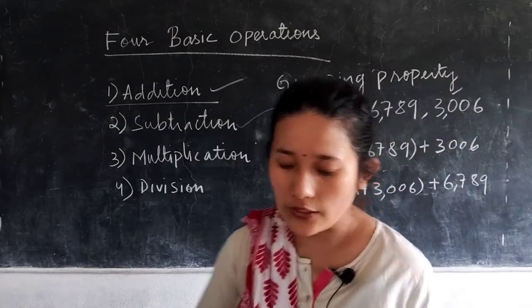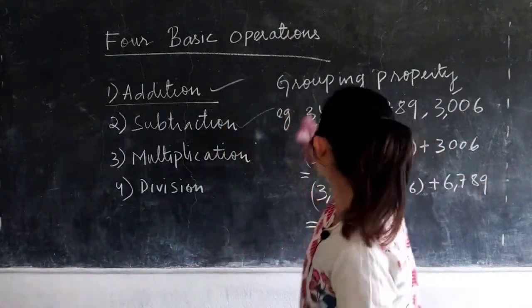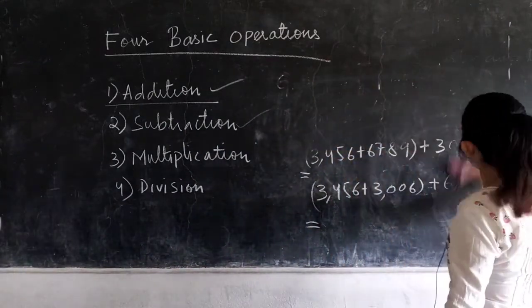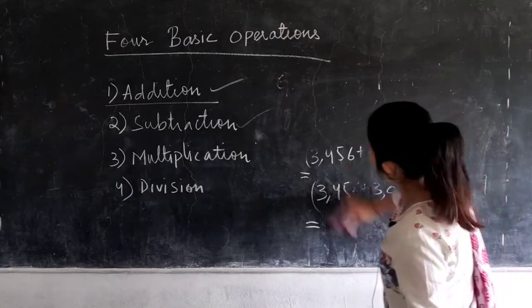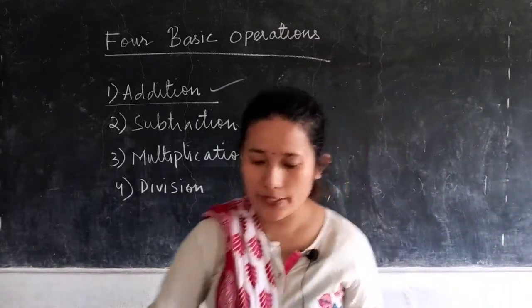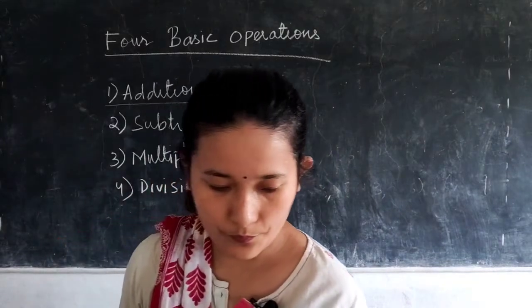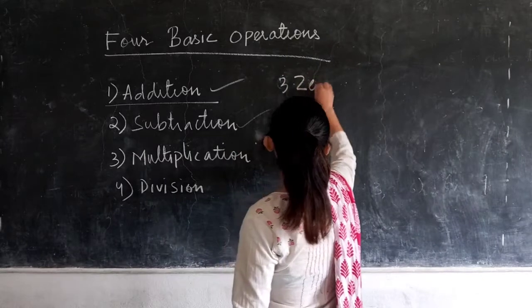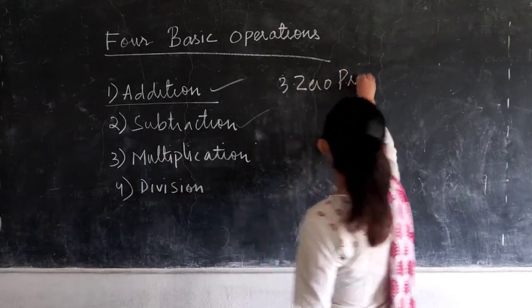Okay, now the third property is your zero property. Now what does zero property tell you? Number 3 is zero property.